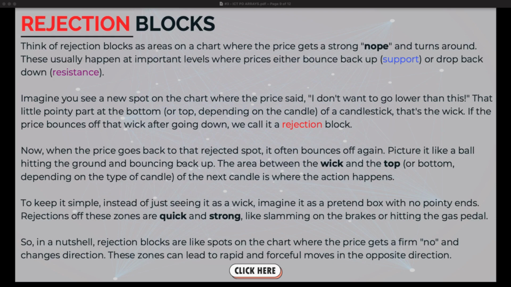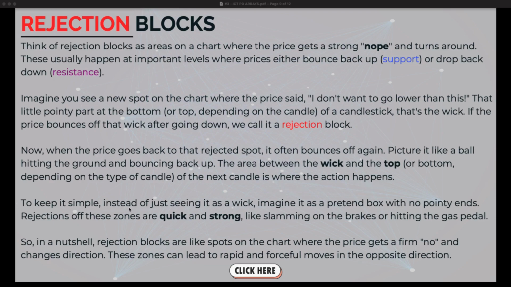Now when the price goes back to that rejected spot, it often bounces off again. Picture it like a ball hitting the ground and bouncing back up. The area between the wick and the top or bottom, depending on the type of candle, obviously if it's bullish or bearish, of the next candle is where the action happens.